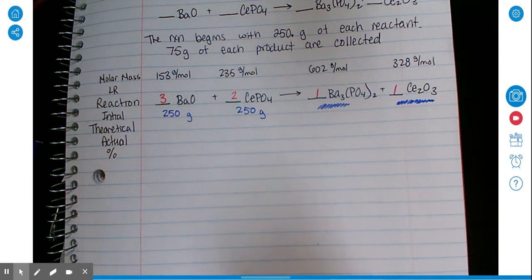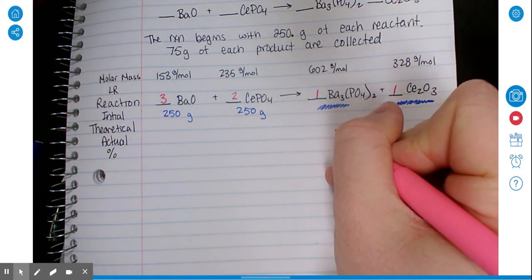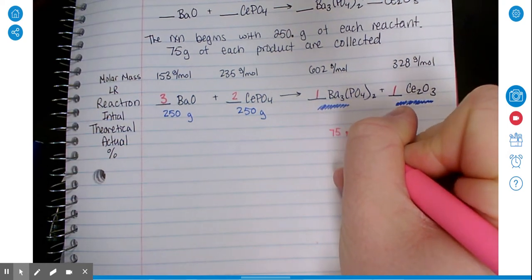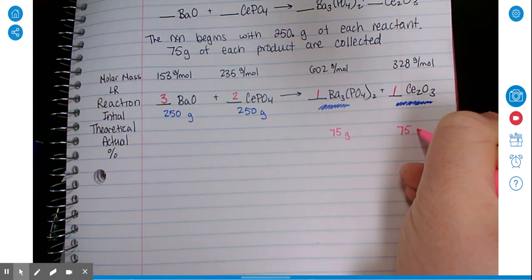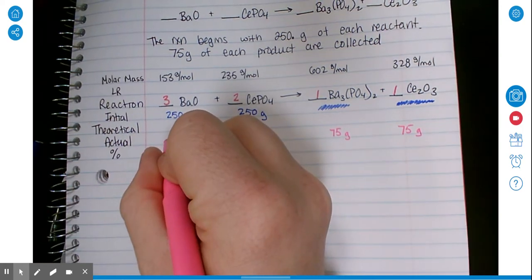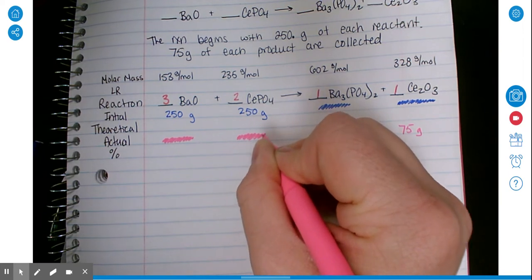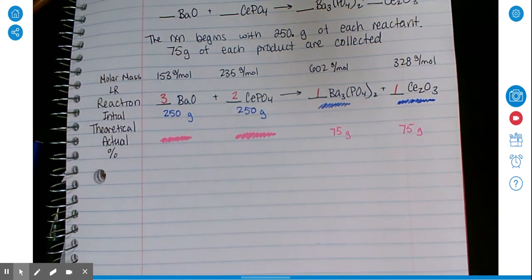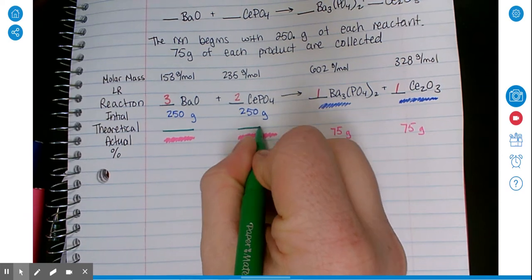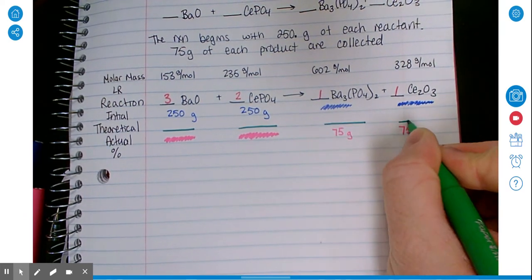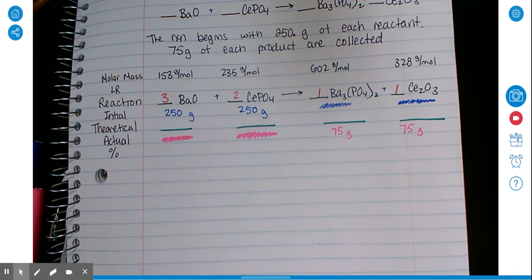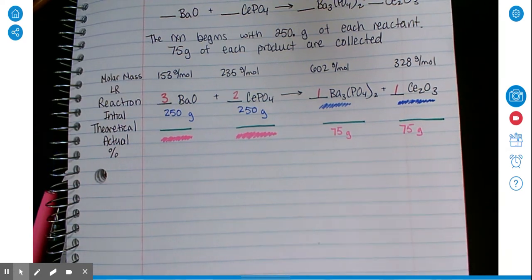Actual yield, I know I end with 75 grams of each product, and we don't do actual yields of reactants. So what I need to do is calculate my theoretical yields and my percent yields.